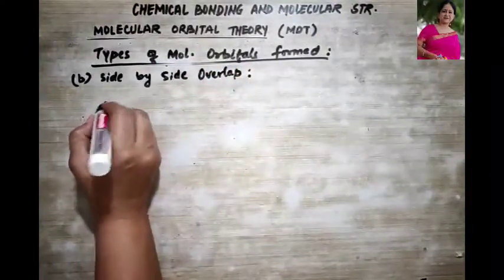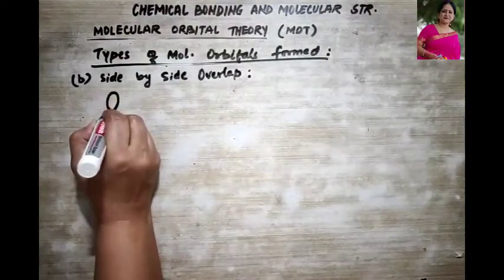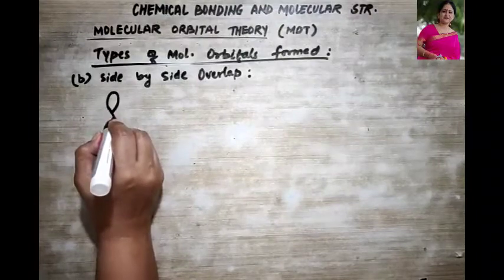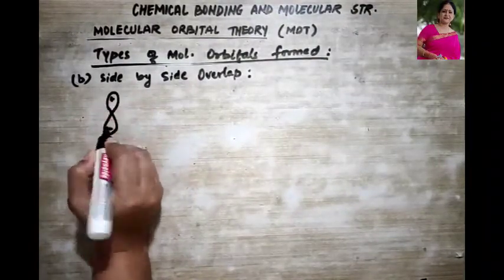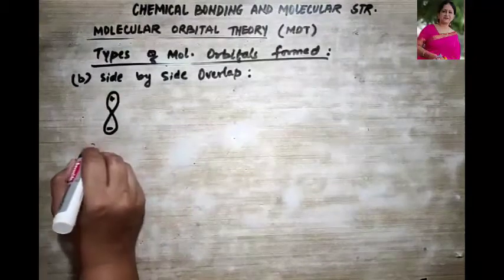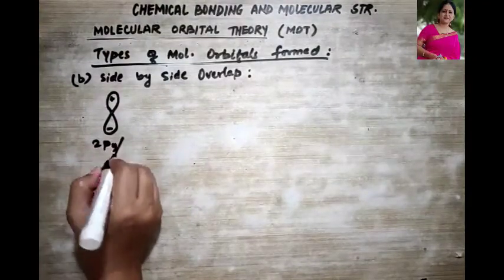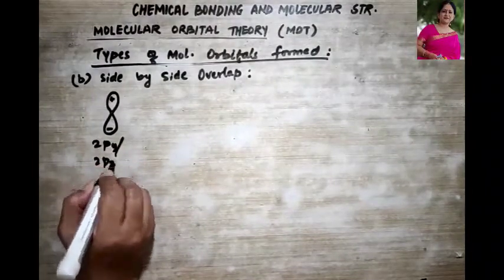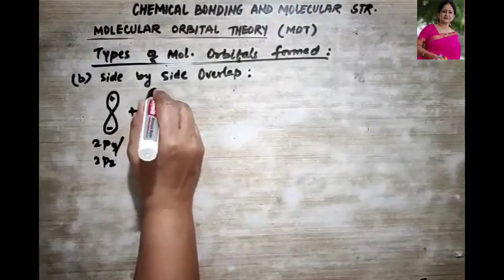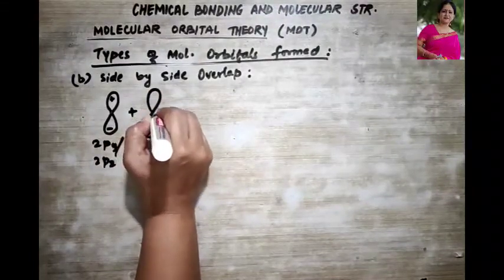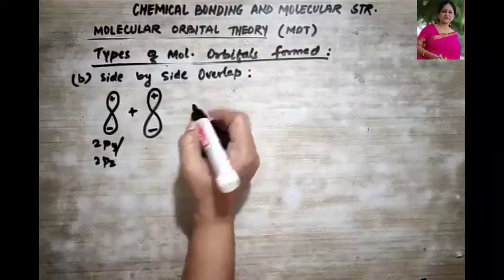So although my figures are not so beautifully made, try to understand. Plus minus, this could be like your 2py, or it could be 2pz, whatever you consider it. When it combines, they are combining sideways. Okay, this is also plus, this is also minus.